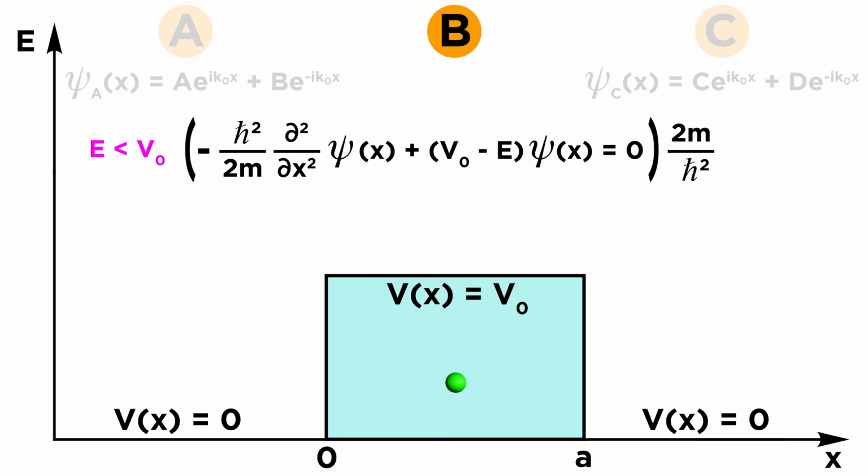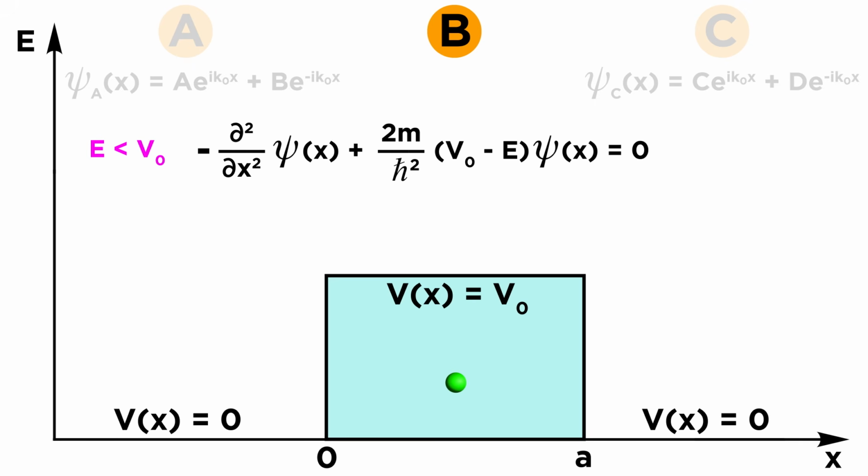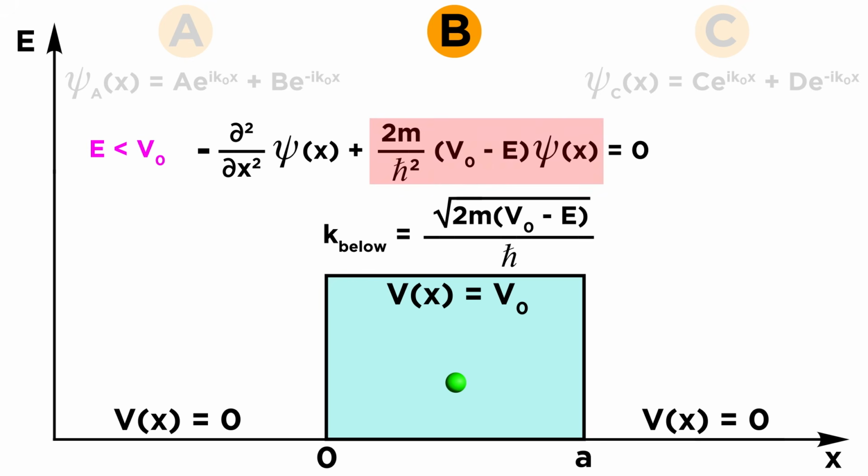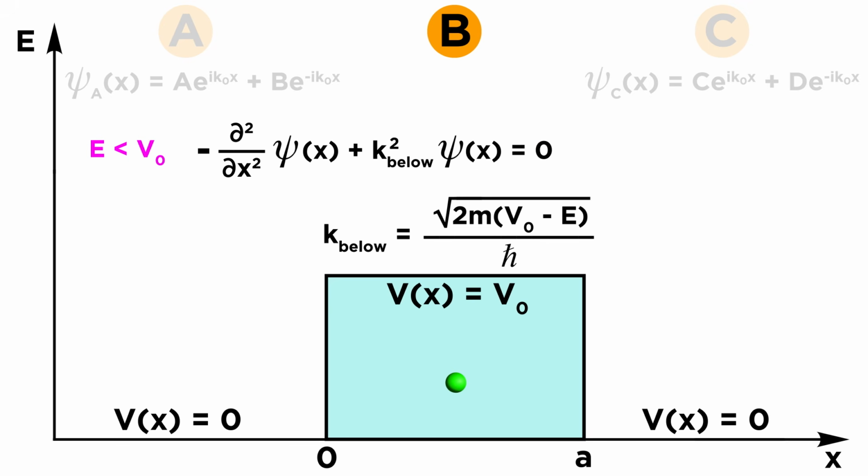Let's multiply through by 2m over h bar squared, though positive instead of negative this time, and then define a k value, which this time can be called k below, referring to the set of energies that are below the barrier. This will be equal to root 2m times the quantity V0 minus E over h bar. That means this whole term can be written as simply k below squared times psi of x.